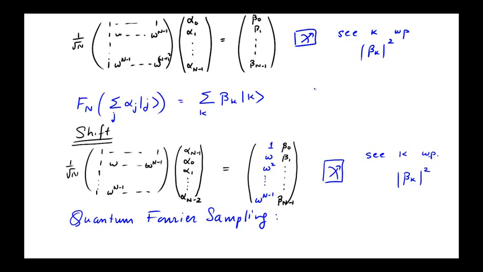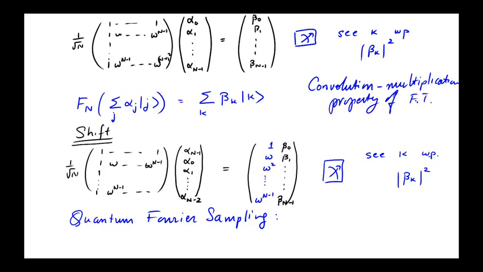This is the same thing as the convolution multiplication property of the Fourier transform.